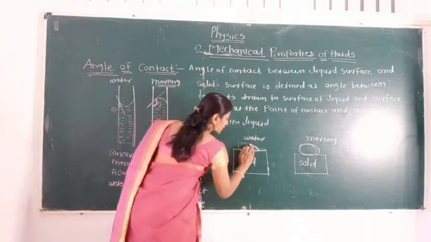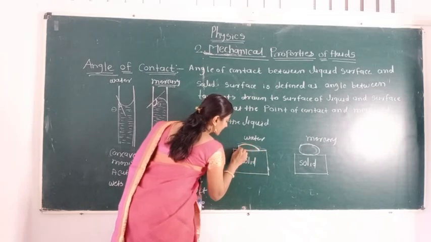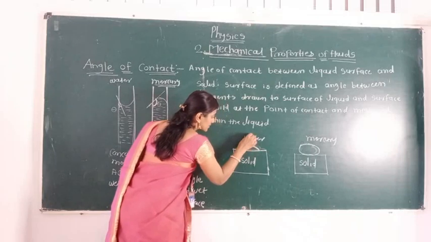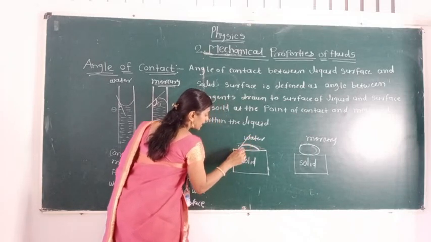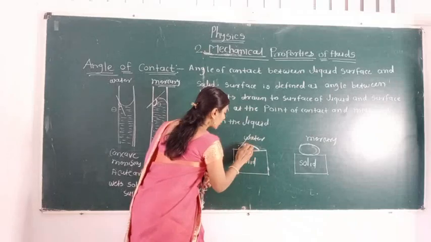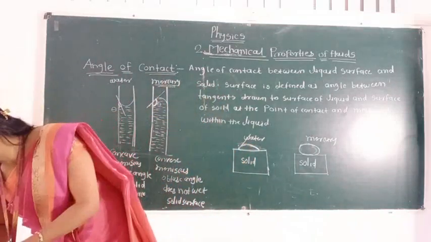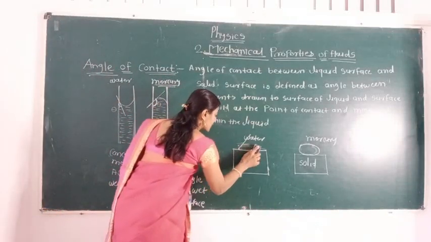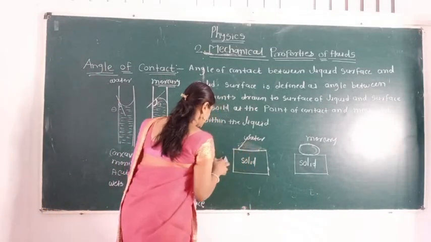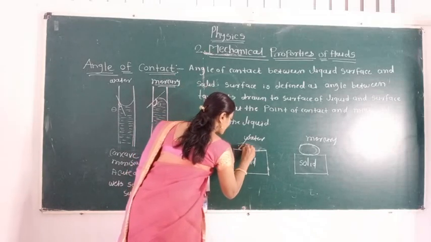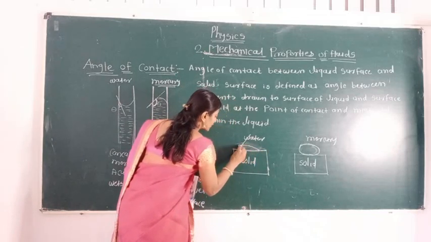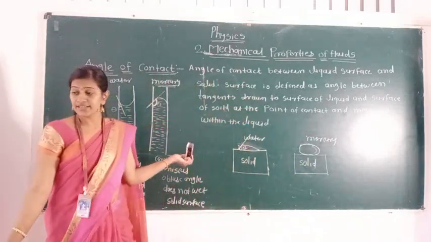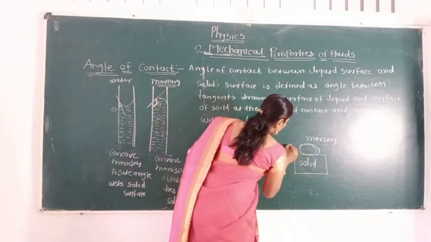Here we have to draw the tangent, at the point of contact, here the point of contact of liquid and solid. Here at the point of contact we are getting theta, and in this case we are getting an obtuse angle.